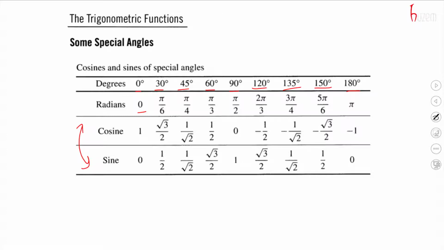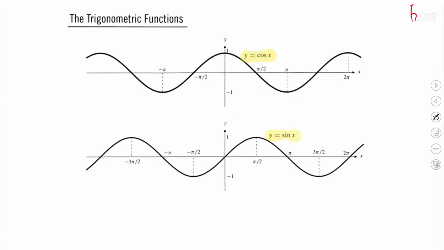You can also find this information in your PDF notes, so I refer you to your PDF notes to memorize this information and the corresponding triangles. If you need a break, you can pause the video here and check the table for a while and then keep going.